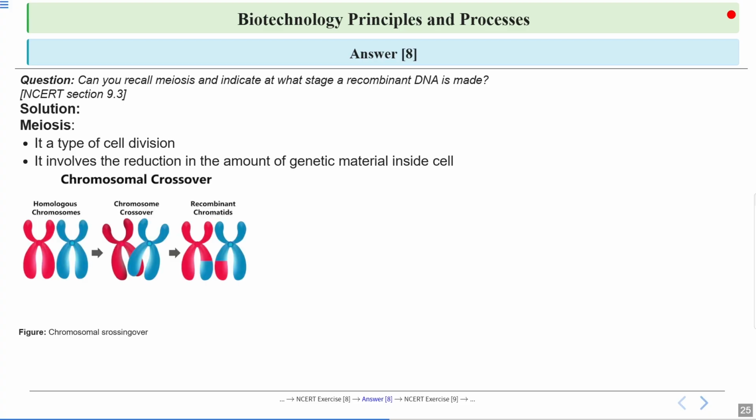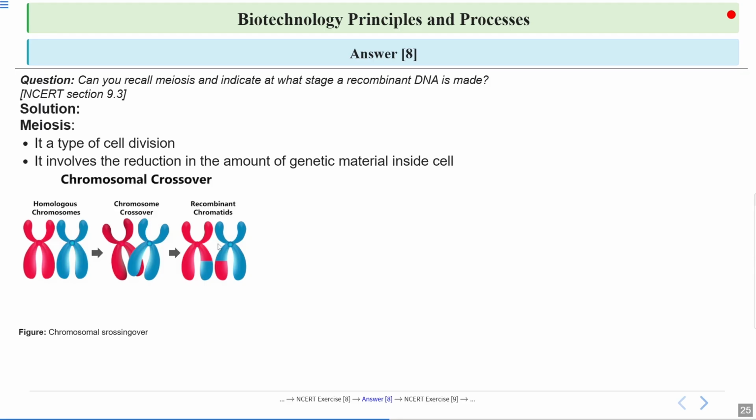So here you can see homologous chromosomes. One is coming from the male and another is coming from the female. So there is a crossing over. Now here you can see the segment of the blue chromosome gets cut and the red one also gets cut, and there is an exchange of this material.